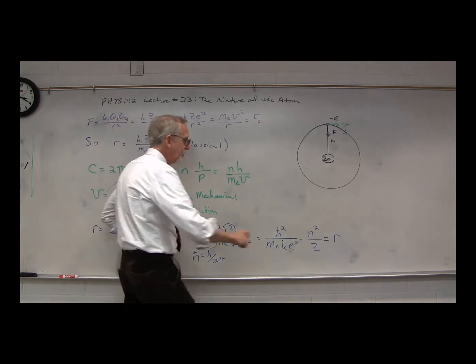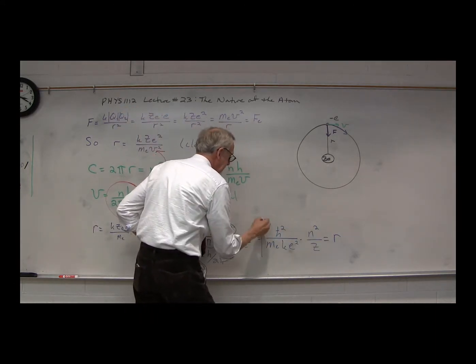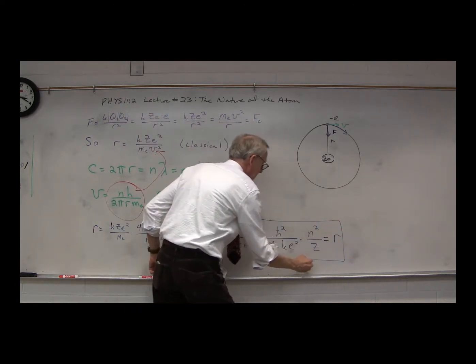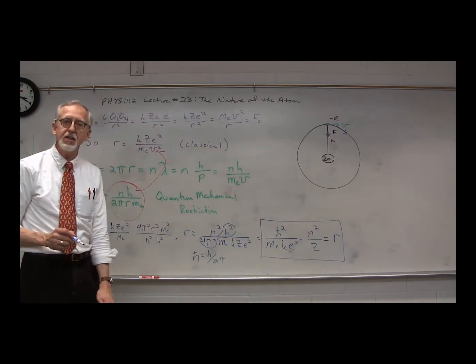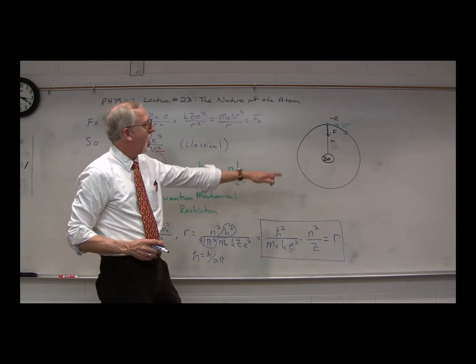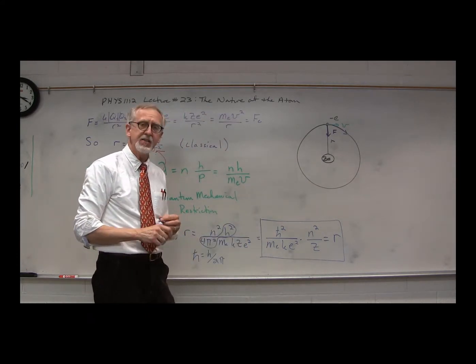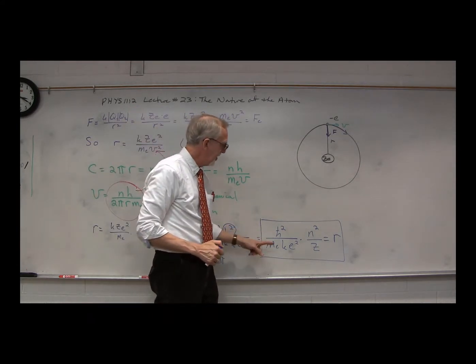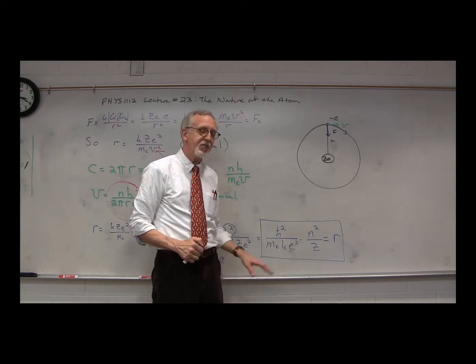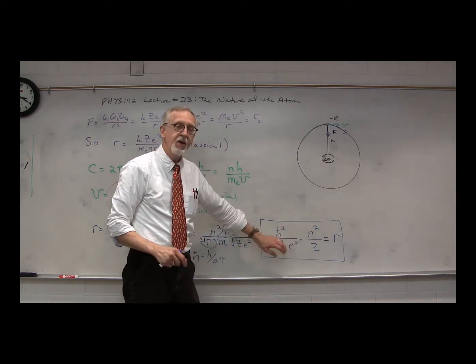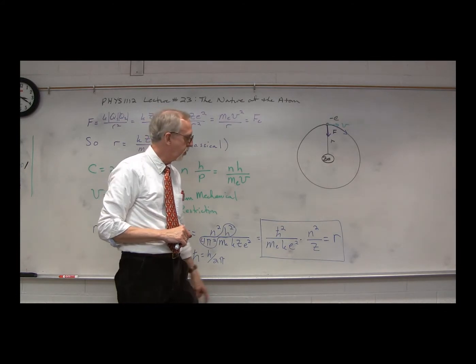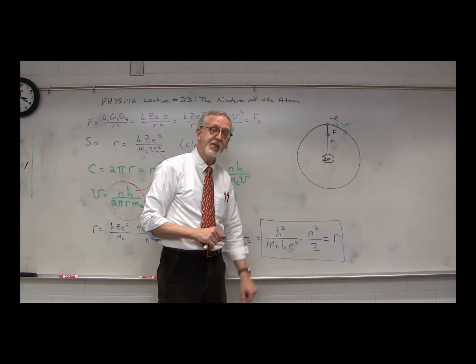And that is r. That is the equation which describes the different possible values for r, the radii of our orbits. Now notice that r depends on h bar, m_e, k, and e. Those are all constants. The only things that can change in this equation are n and z.